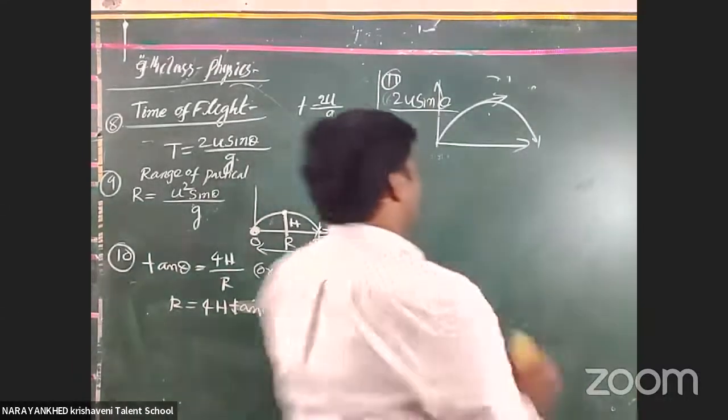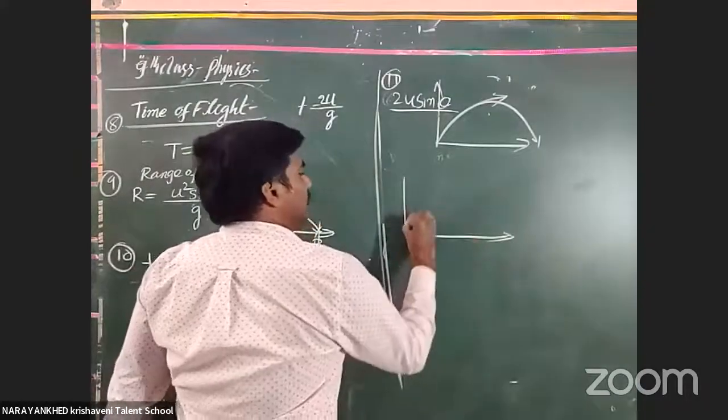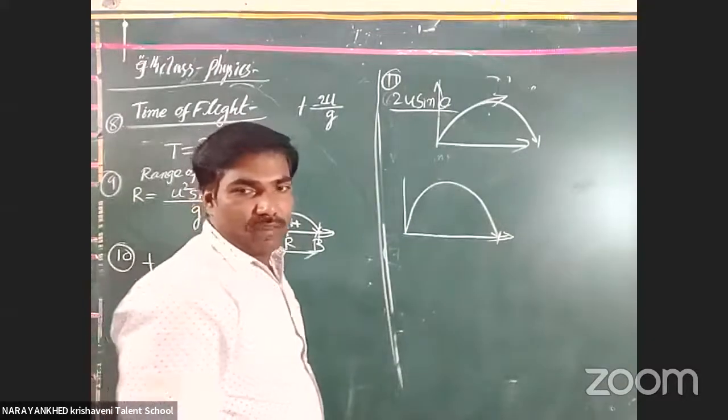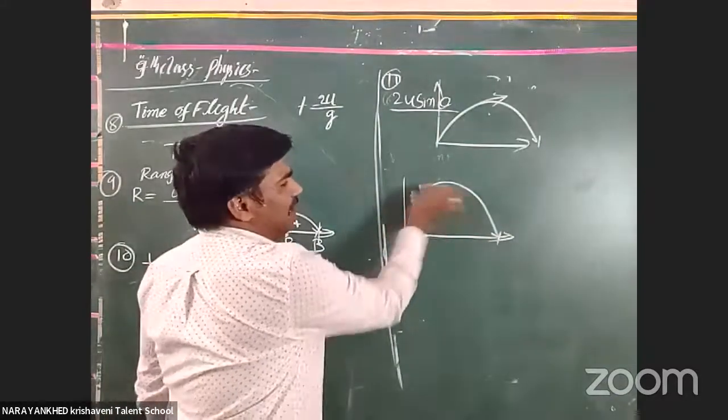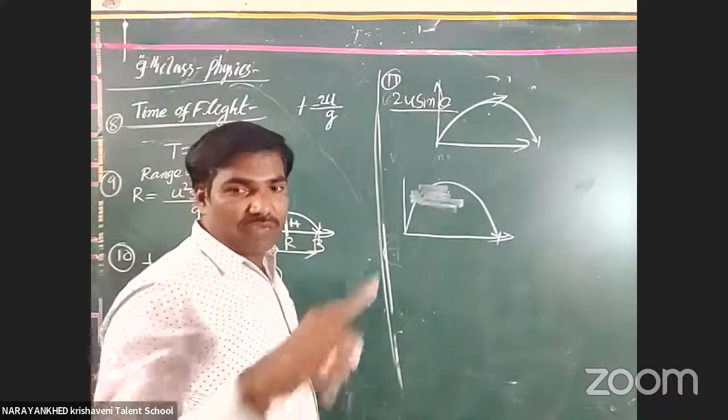How? Suppose this is the projectile body. Without any disturbance, the body moves like that. Suppose air is there and the disturbance of air is considered.